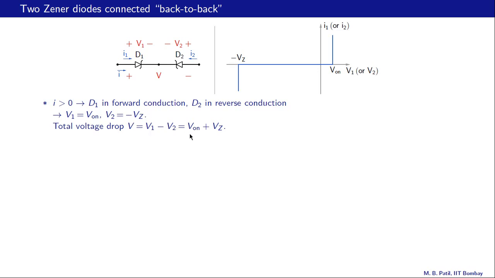So that turns out to be V on plus Vz. Let's take an example. If V on is 0.7 volts and Vz is 5 volts, that is, this minus Vz is minus 5 volts, then the total voltage drop V would be 5.7 volts.